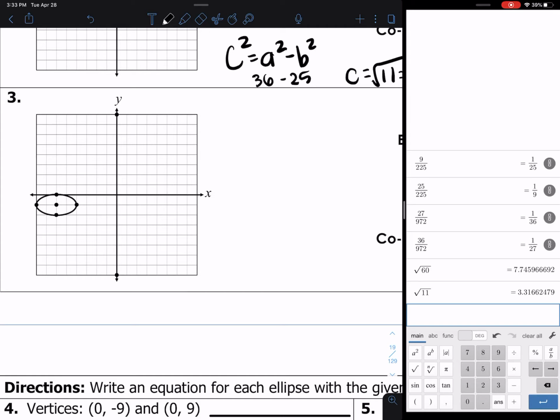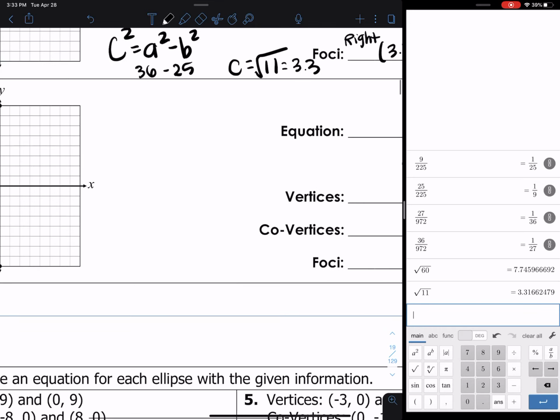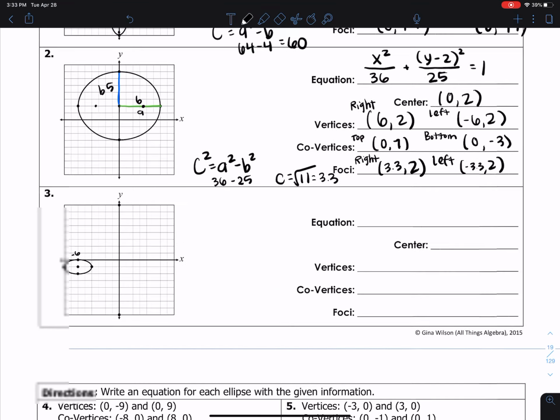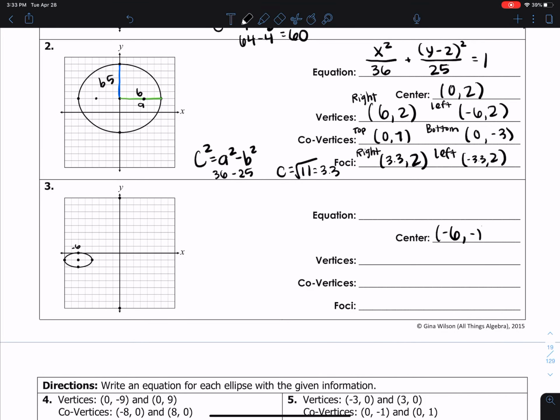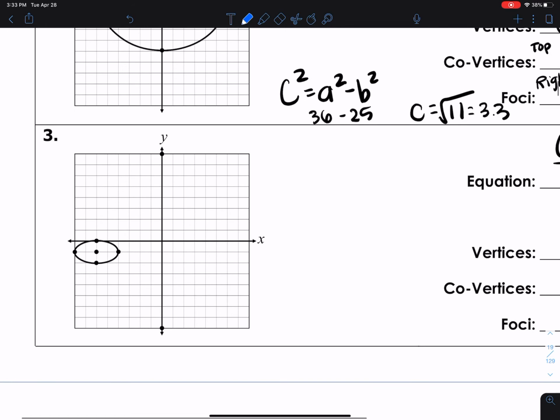We'll start there. So we go 1, 2, 3, 4, 5, 6. This is (-6, -1). I'm going to take away that calculator. So we have (-6, -1). So we have x plus 6 squared here, and then y plus 1 squared here, and it's always equal to 1. We can tell that this is a horizontal ellipse because we have this part here that's 2, and then we have this one here that's 1.